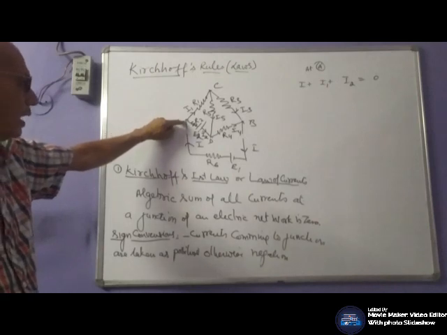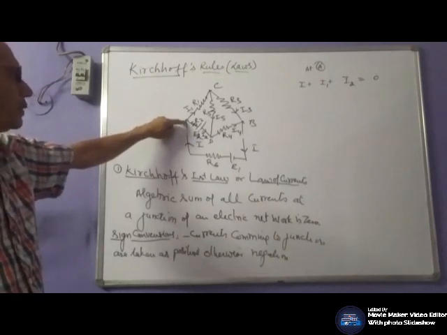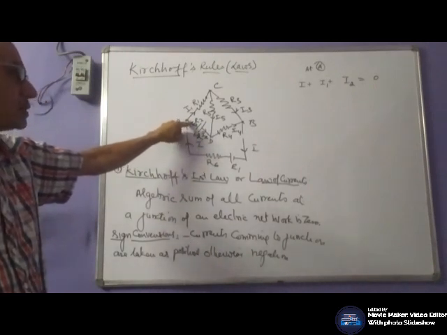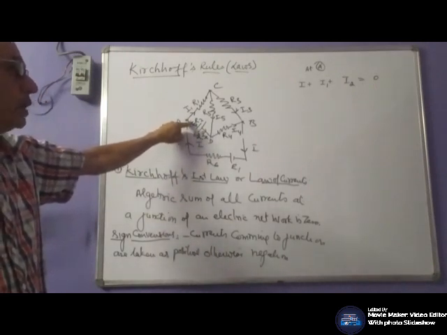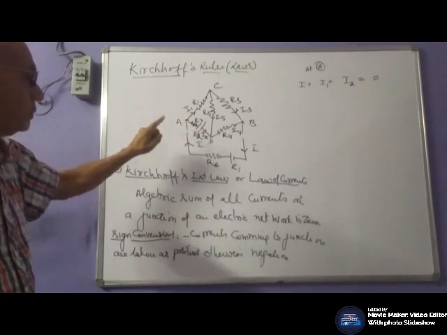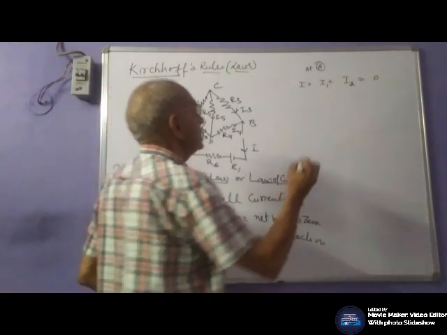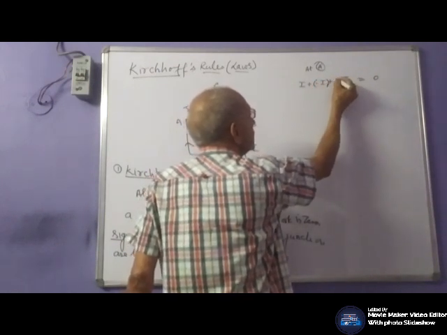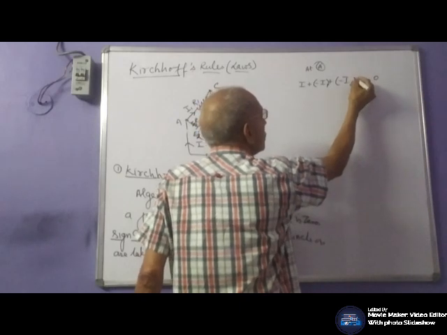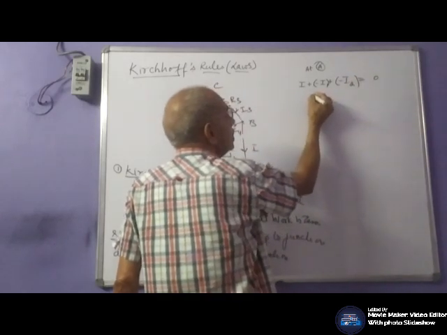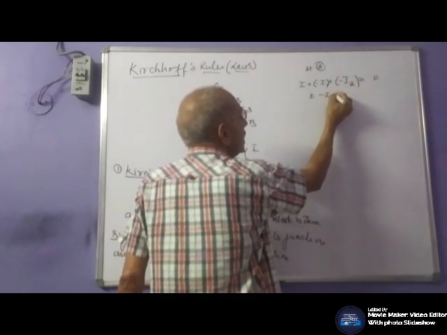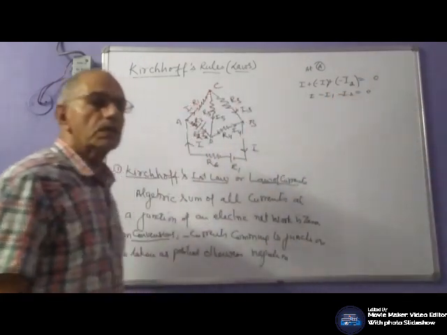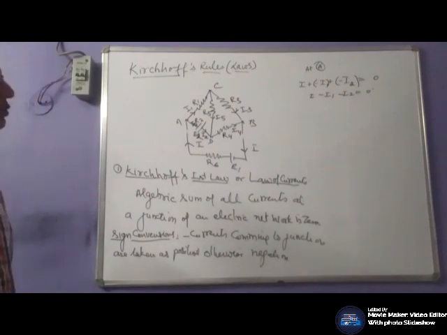There are three currents, I1, I2, and I. Their sum is 0. What is taken positive, negative? I coming is positive, others negative, or I minus I1 minus I2 is 0. This is Kirchhoff's first rule.